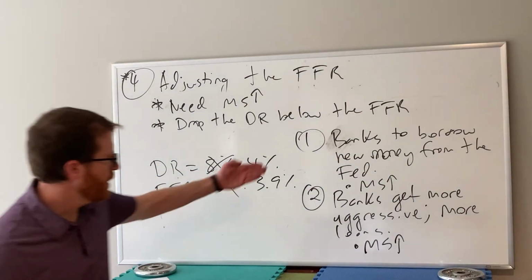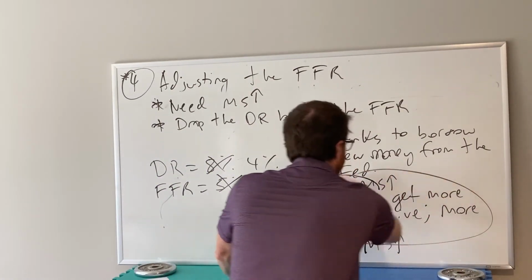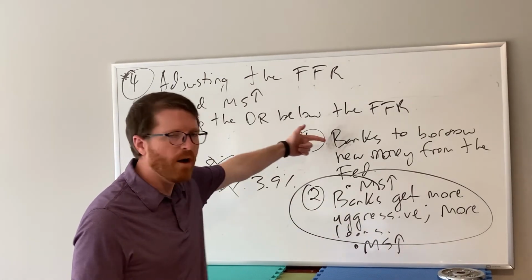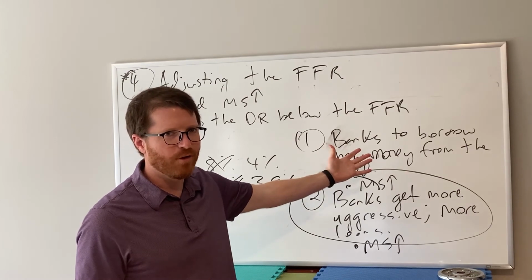So again, it's a two-step approach. This is the one the Fed really cares the most about, but they can't do it until they do some other step first. That's how the federal funds rate works.